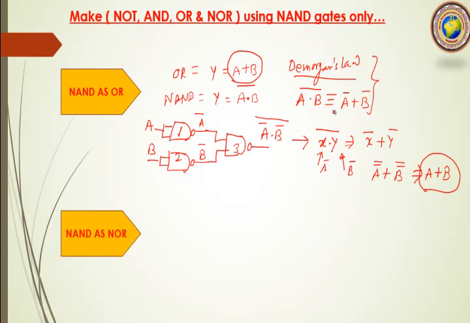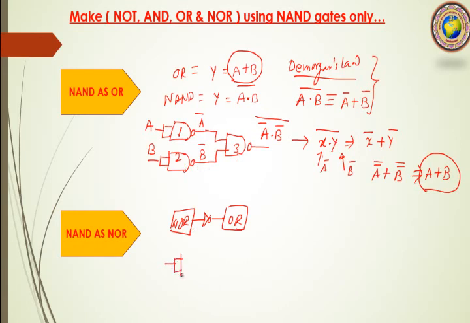And NAND as a NOR gate: suppose this is an OR gate and we have to change it into NOR form, or suppose this is a NOR gate and this is converted, we can change it into the form of an OR gate, or in the same way OR to NOR. So here we require only one more gate in the forward position after the OR gate. So here is our diagram.